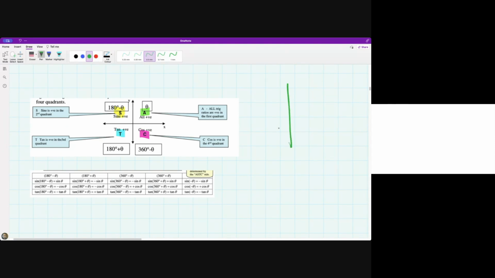You also need to know that angles here are going to be 90 plus theta. Over here, this would be 270 minus theta, 270 plus theta, and this could be 90 minus theta. That's just for what we call the co-ratios.